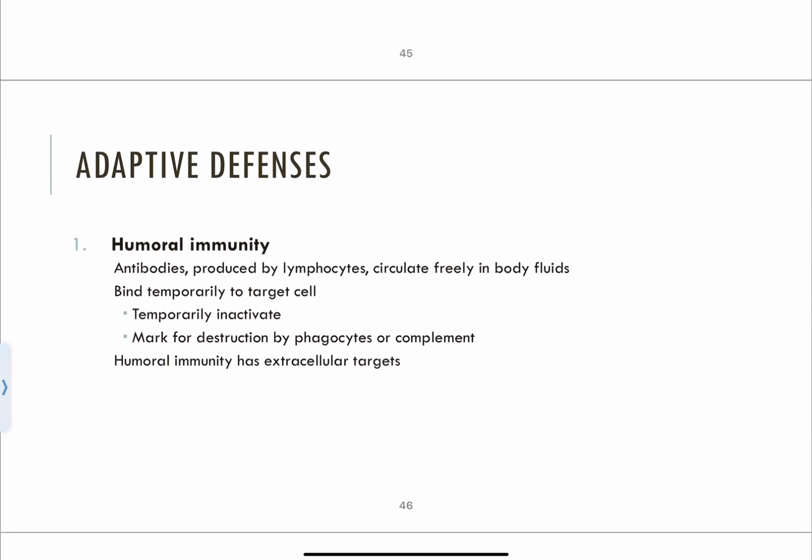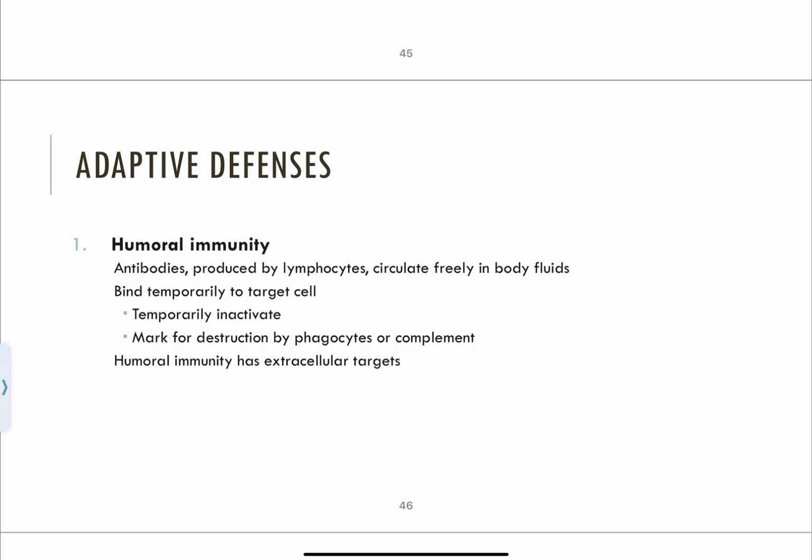Okay, so a little bit more about humoral immunity, which is also called antibody-mediated immunity. It is provided by the antibodies that are present in our body fluids. They're produced by lymphocytes, and antibodies are constantly circulating in our blood and our lymph. They bind primarily to extracellular targets, so things like bacteria, toxins, and even viruses.